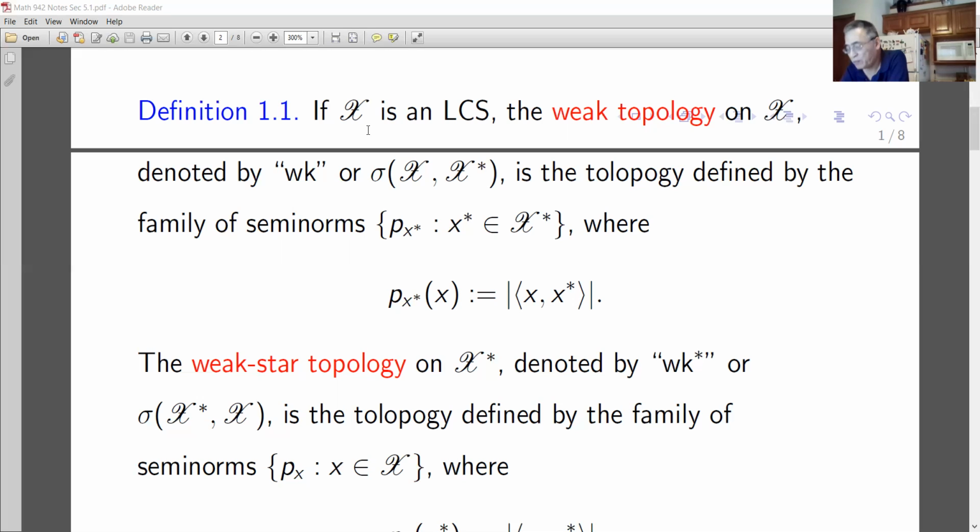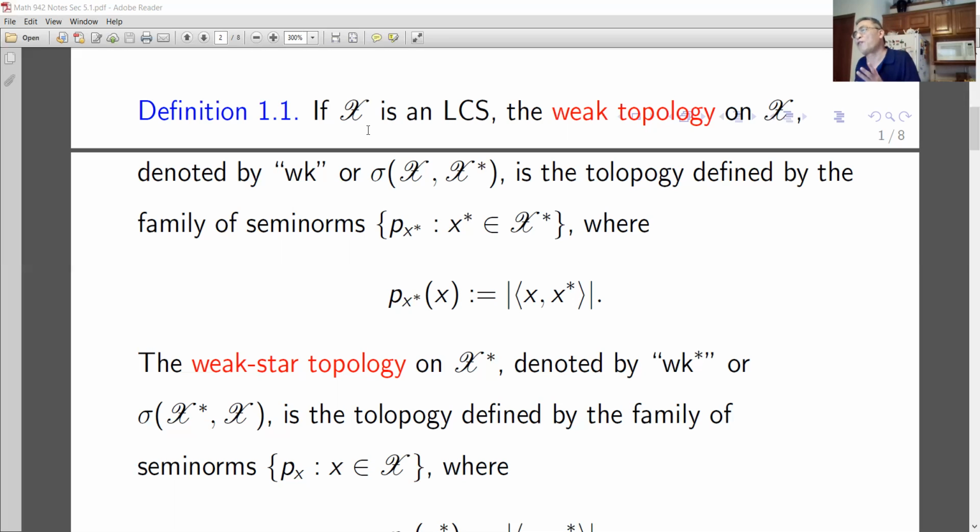Okay. Now let me say one more thing about the weak topology in order to get some idea whether the weak topology is the same as or different from the original topology.